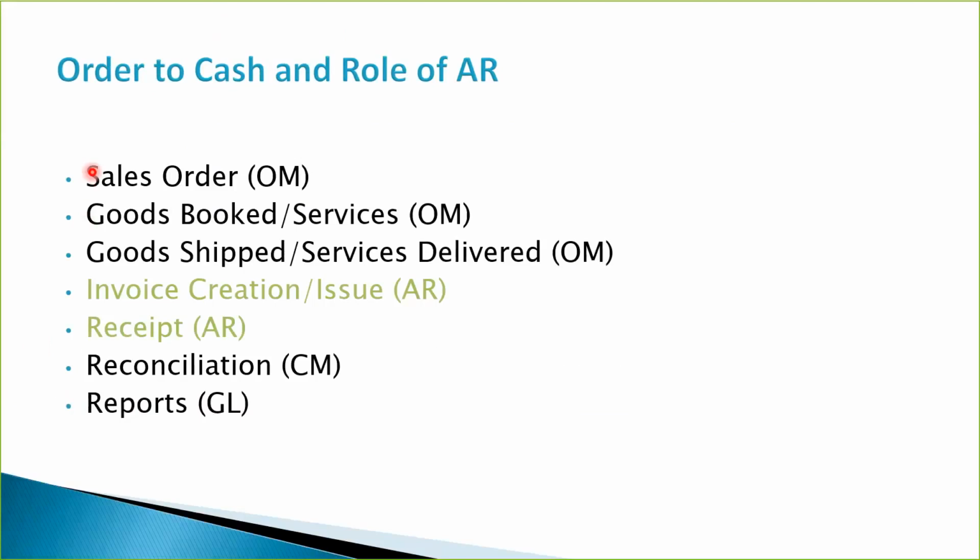So for these first three steps, receiving and managing the sales order, and then scheduling for service delivery or booking goods that are going to be delivered to the customer according to the order, and then executing the shipment or service delivery, those three first parts will be managed by the order management module.